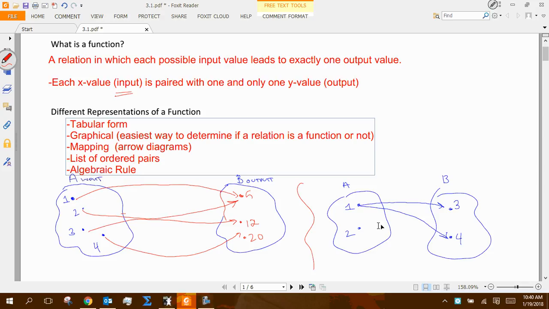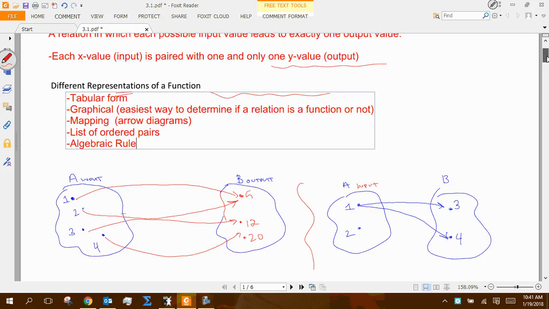Regardless of where 2 goes, 2 could go to 3 or 2 could go to 4 or whatever. But you can't have a situation where you have an input of 1, and now it has 2 outputs or 2 y values. That violates the idea that says it leads to exactly 1 output. This input leads to 2 outputs. So that's a problem, and that is going to make maybe more sense when we start talking about what we call the vertical line test here in a little bit.